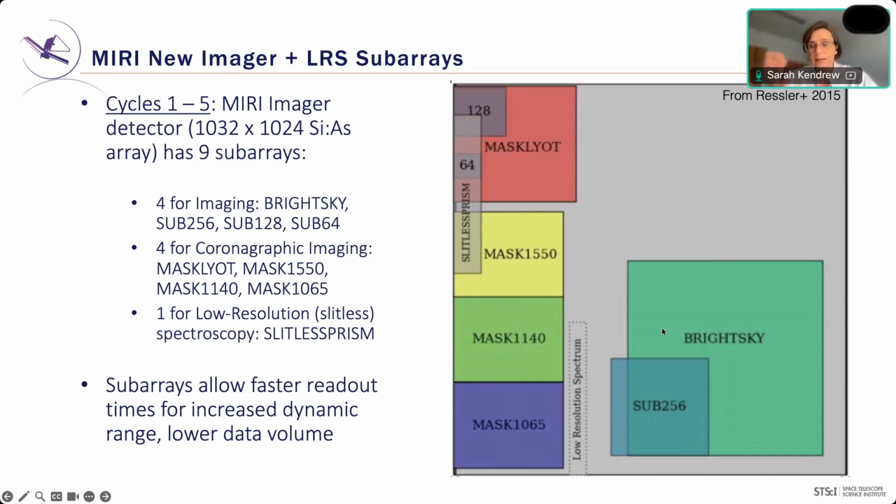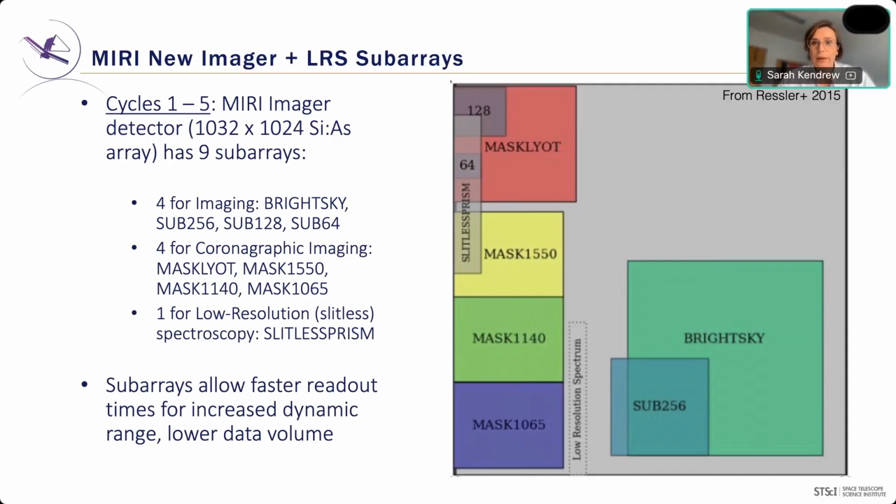These subarrays, as others have already mentioned as well, allow for faster readout times, increasing the dynamic range, giving access to brighter targets, and also they reduce the data volume for very long observations. Subarrays, particularly the very small ones, very regularly get used for observations as well. We can look at very bright targets for a very long period of time.